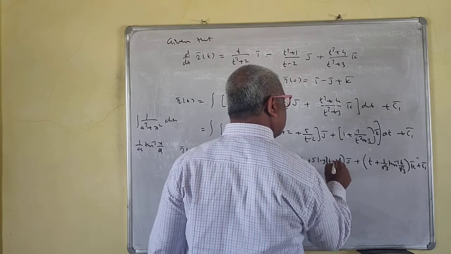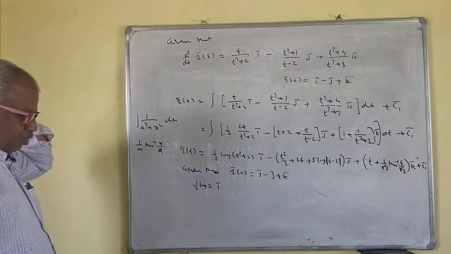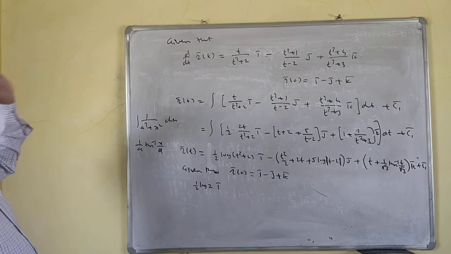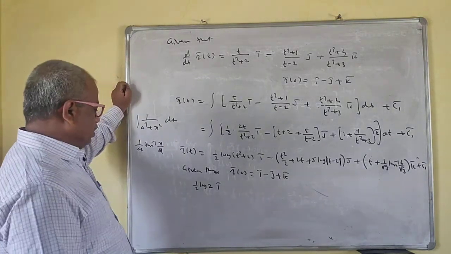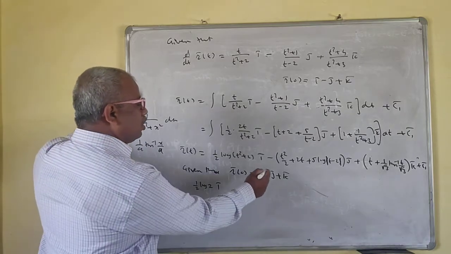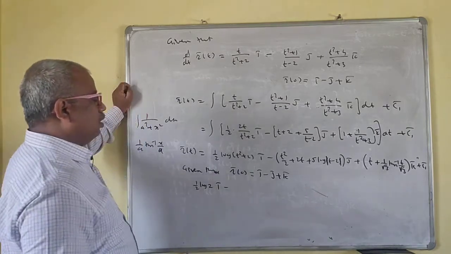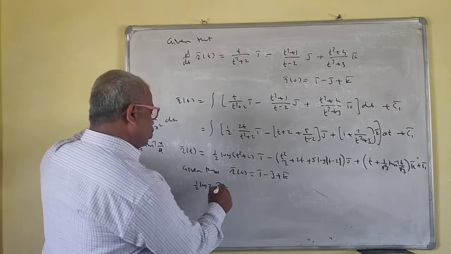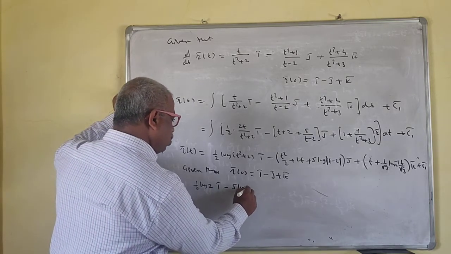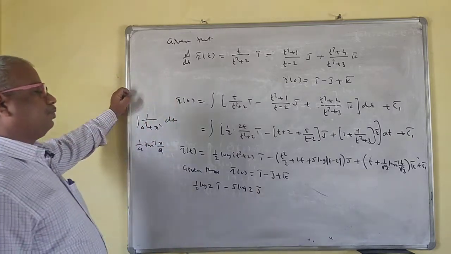Because log of a positive number exists, this is then minus 5 log 2 j bar.